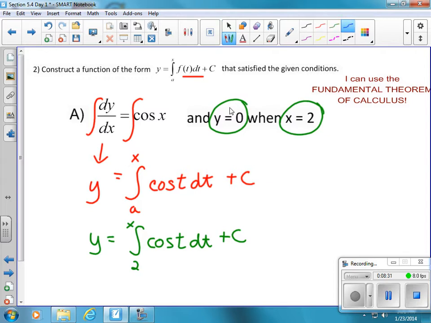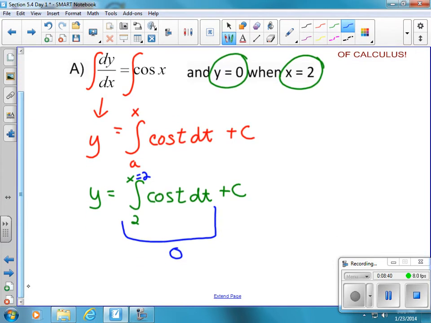So here, if x equals 2, then this entire integral is going from 2 to 2. Therefore, it equals nothing. The area under the curve between 2 and 2 is nothing. And therefore, in order to make y equal to 0, c has to also be 0, right?